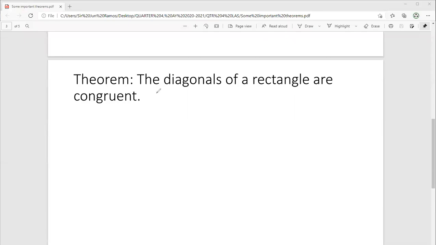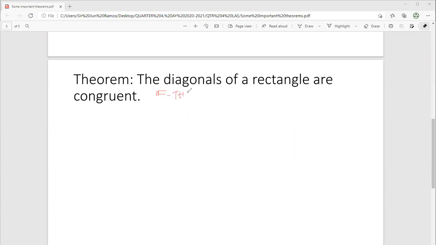The next theorem we are going to prove would be this theorem. The diagonals of a rectangle are congruent. Again, we may restate this in an if-then form.